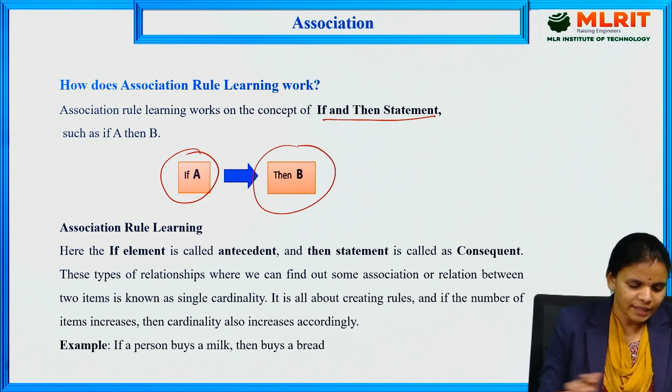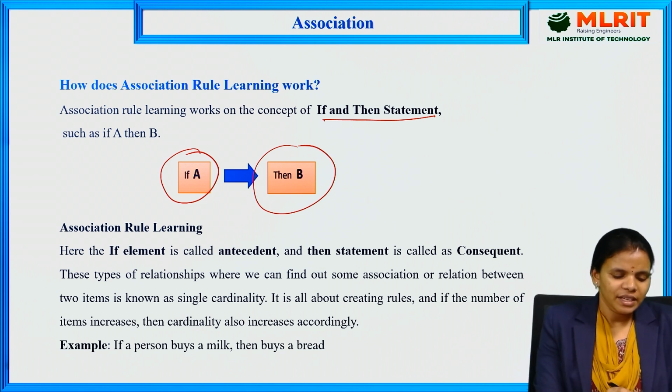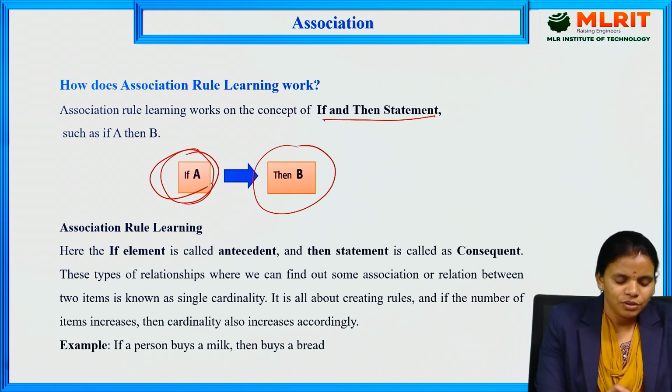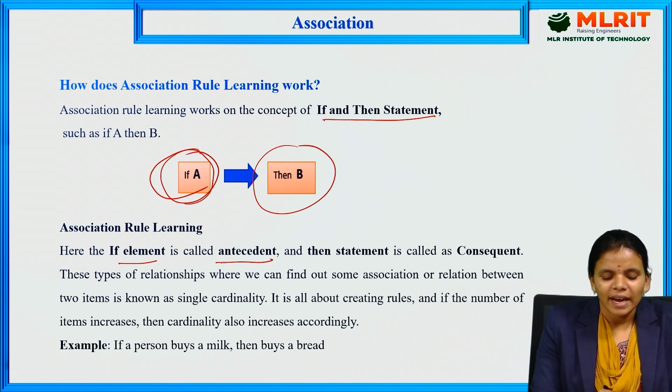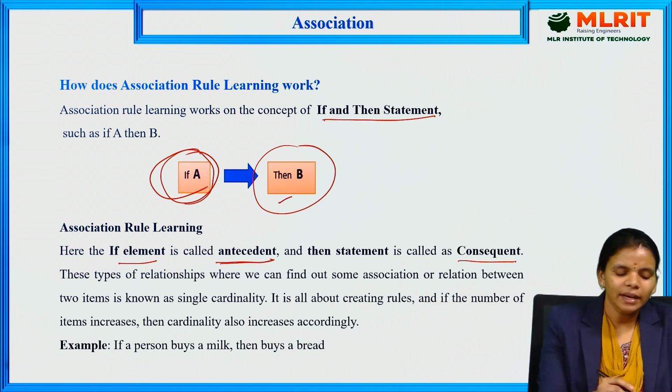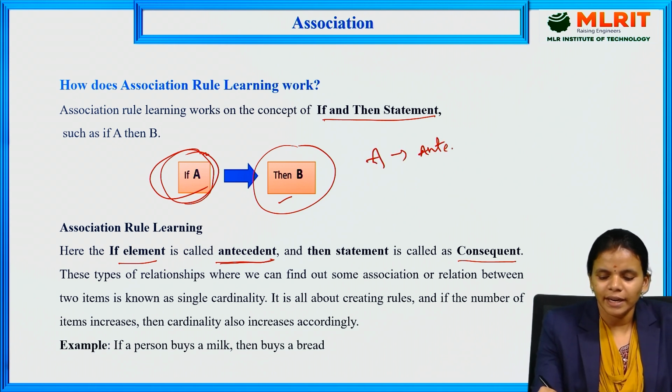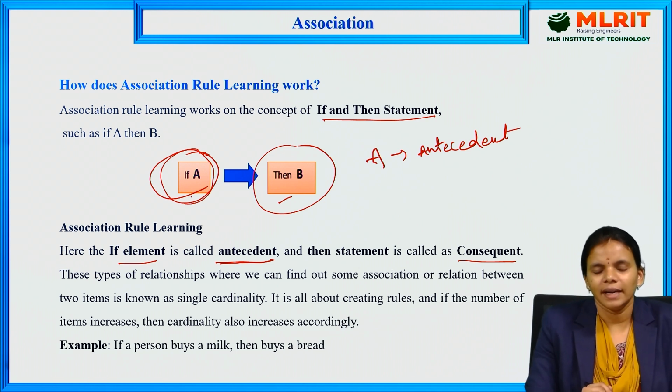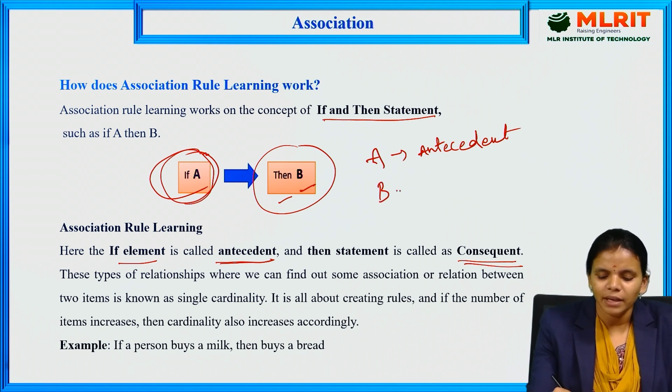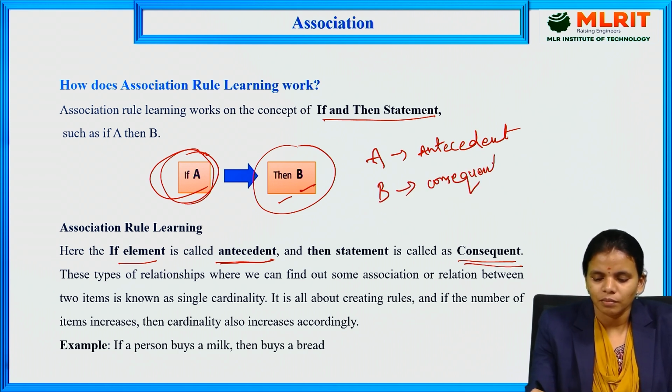So let's explain with an example. The if element is called the antecedent and the then element is called the consequent. Here A is the antecedent, and the then statement is called the consequent, meaning B is the consequent.